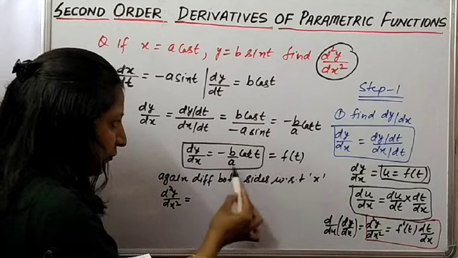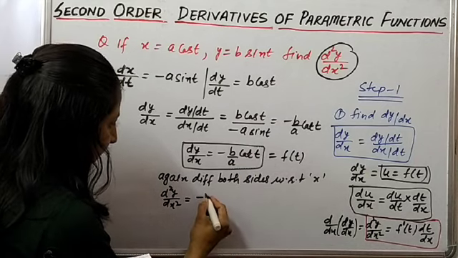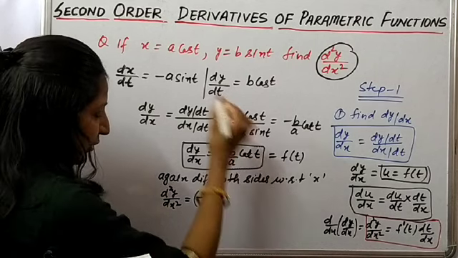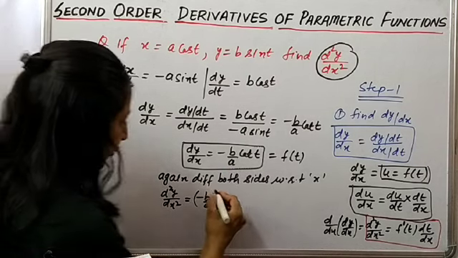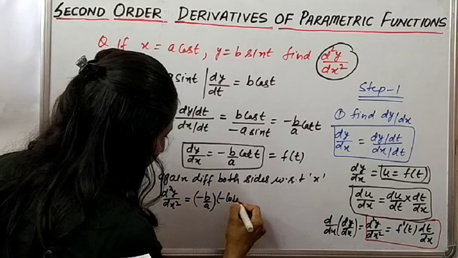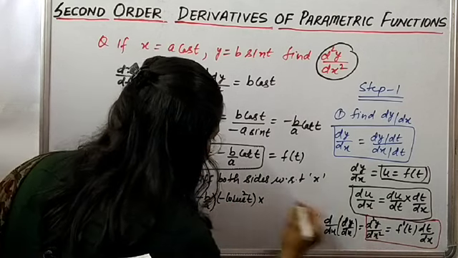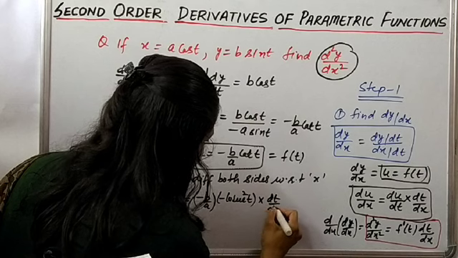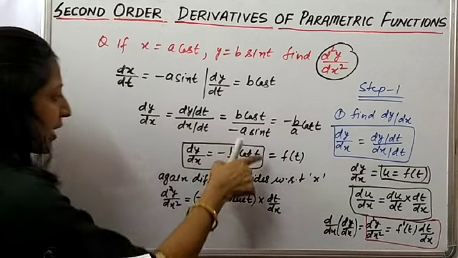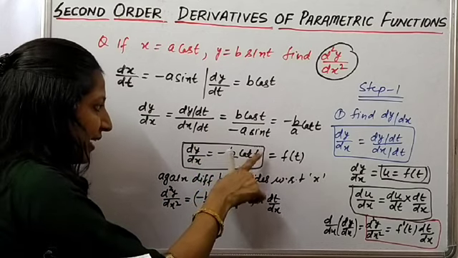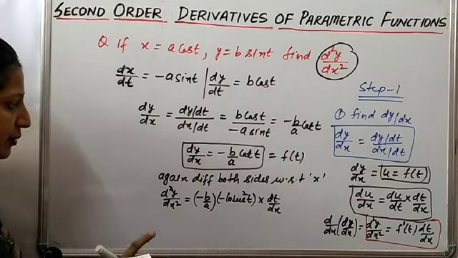So minus b upon a is a constant, and the derivative of cot t is minus cosecant square t. So minus cosecant square t into dt by dx, because first of all we differentiate with respect to t since it is a function of t, and then differentiate t with respect to x, okay?